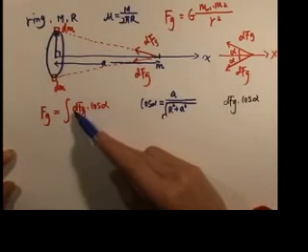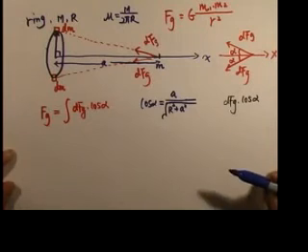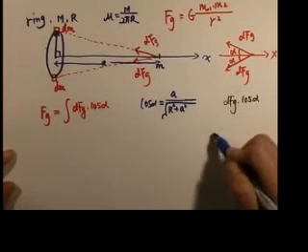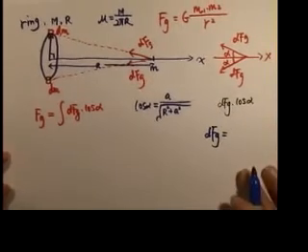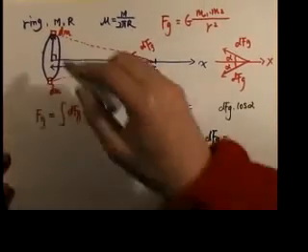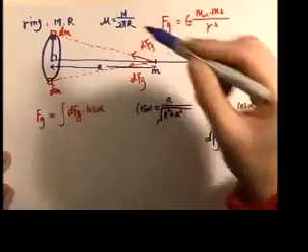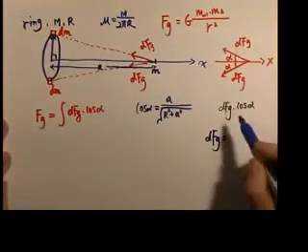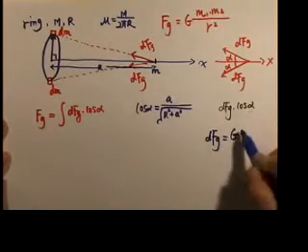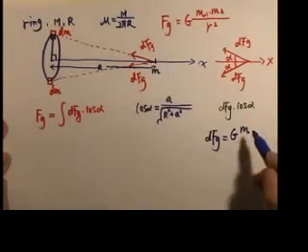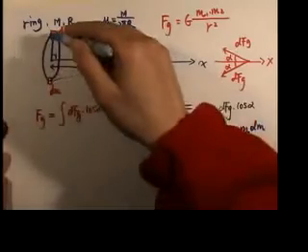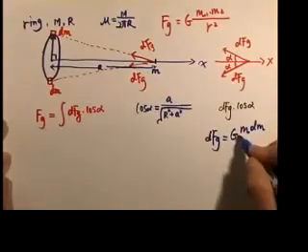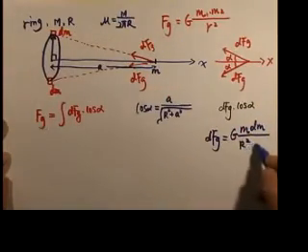Now we have to express dFg. It is the force between two point masses, one is dm, the other is m. So we have capital G, point mass m, and dm divided by their separation squared, which is r squared plus a squared.